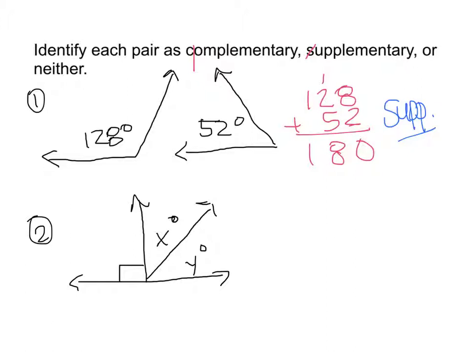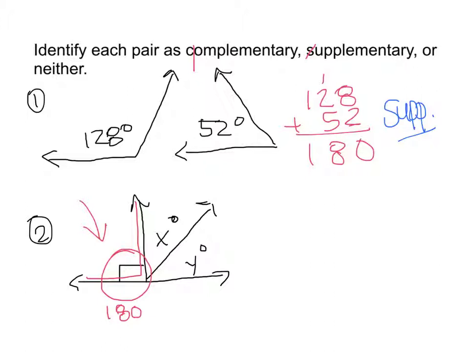Take a look at the second example. Remember that this mark right here means that this particular angle is 90 degrees. Remember that angles that form a straight line are 180 degrees. If I add this angle to these two angles, I would have a straight angle, which is 180 degrees.